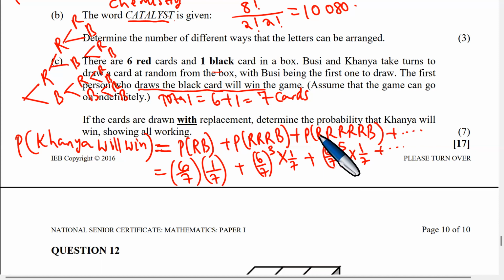Or Boosie picks red, Kanye picks red, Boosie picks red, Kanye picks red, Boosie picks red, Kanye picks black, and Kanye wins. Think about the question as I have described it. The examiners are very creative.